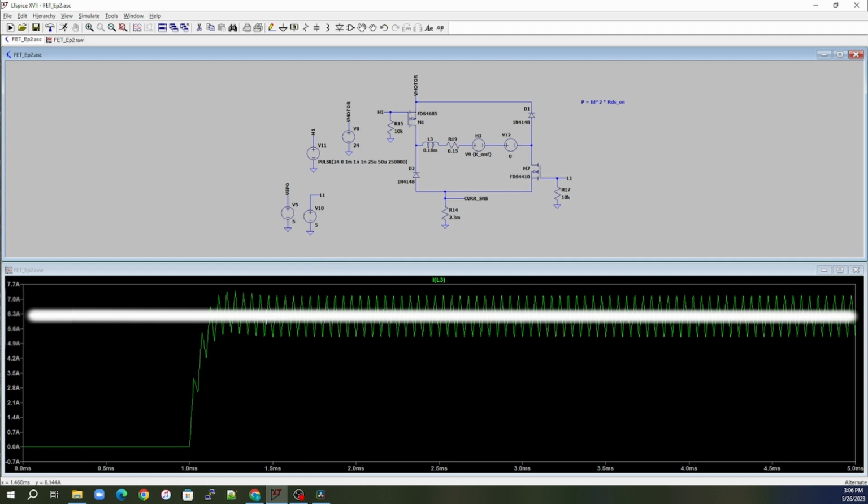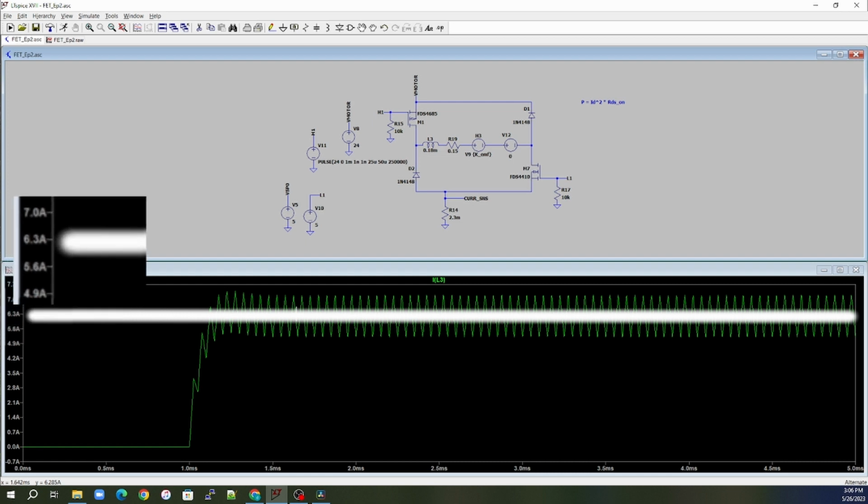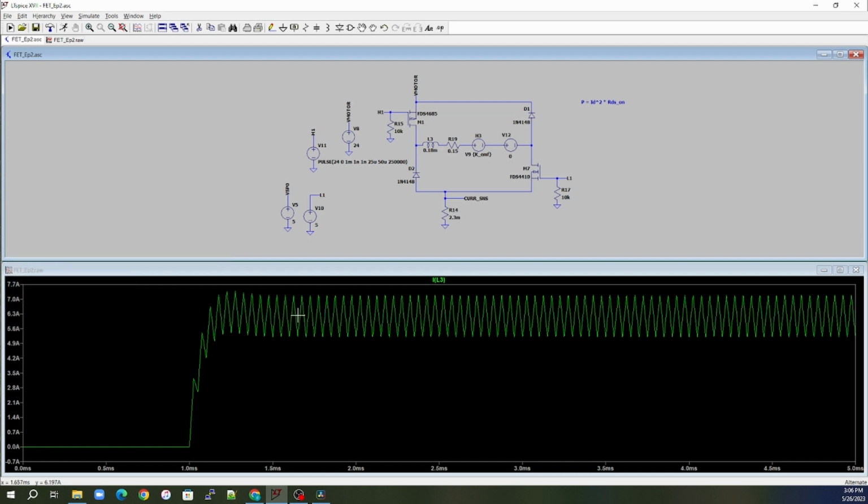You can see here, when we were fully on at 100%, our current was about 15 amps. But now we're running about a 50% duty cycle at 20 kilohertz, and we've dropped down to about 6.3 amps.